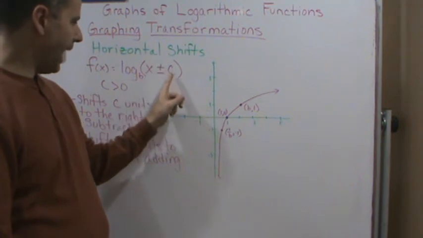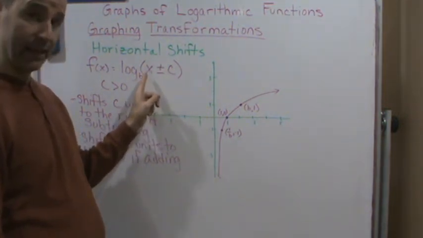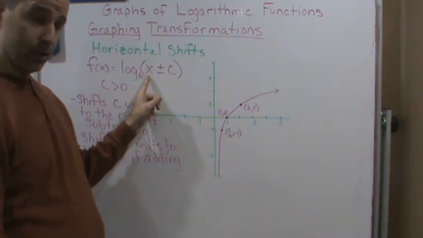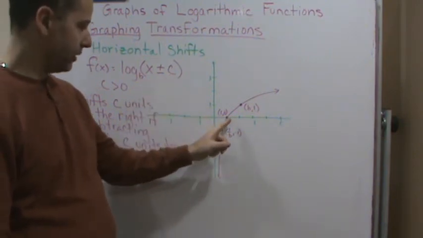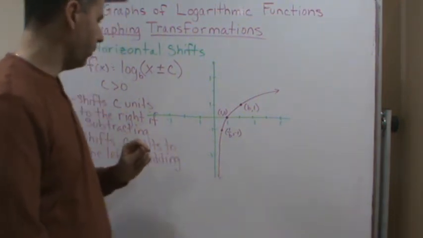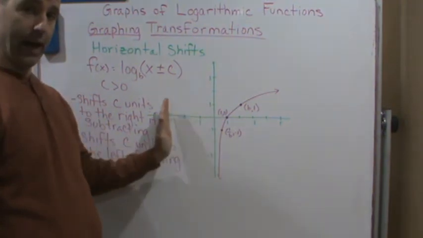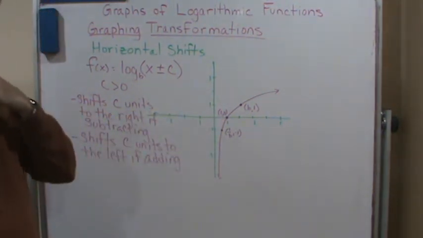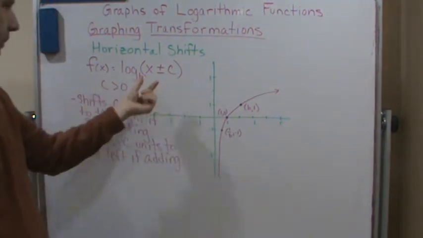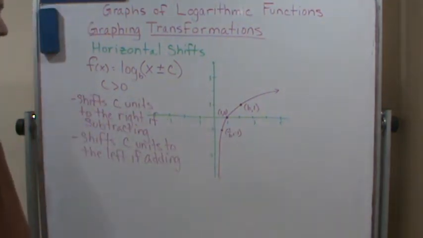So if I add constant c, I'm going to have to have a negative value here to offset that, to make it back to 1. So that's going to, in effect, move the graph to the left. And of course, if I'm subtracting, then I'm going to end up moving the graph, in effect, to the right.